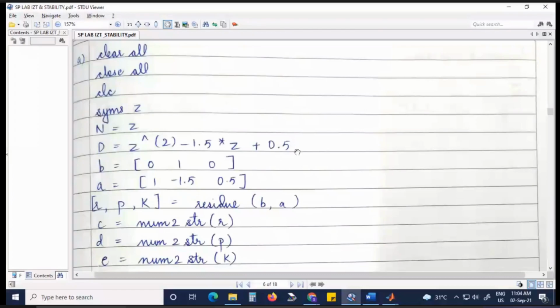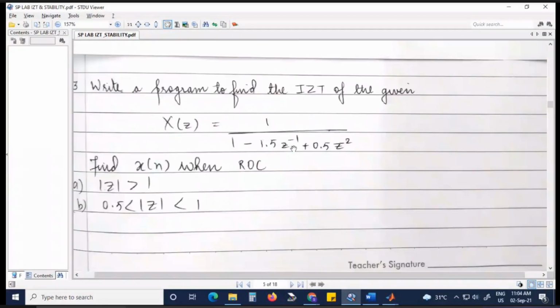How is it coming? If you multiply, as we told, you are making both into positive powers of z. So the expression would be z square divided by z square minus 1.5 z plus 0.5.